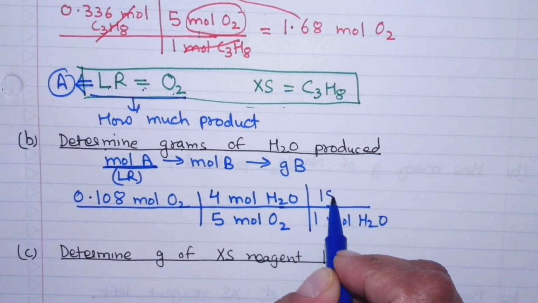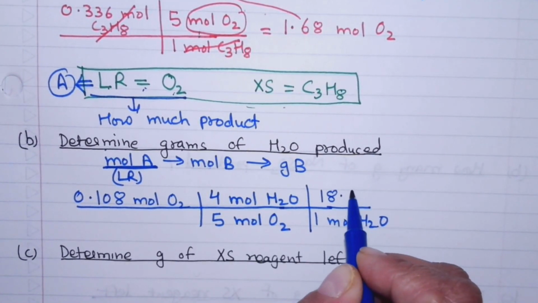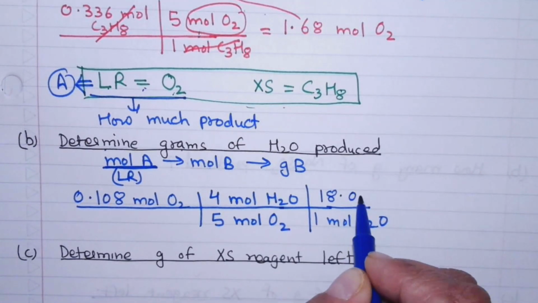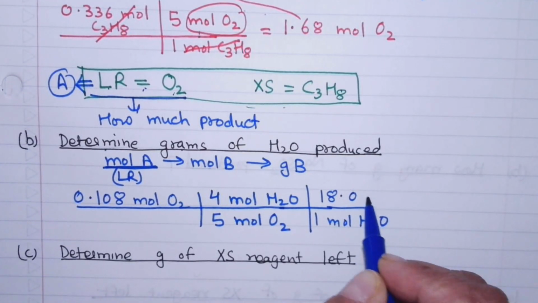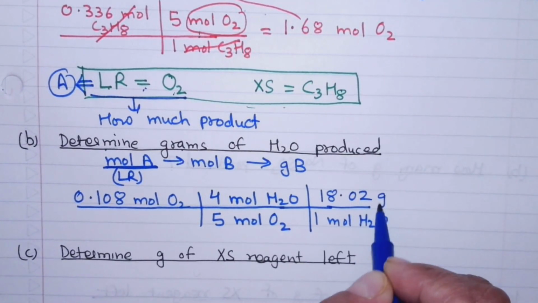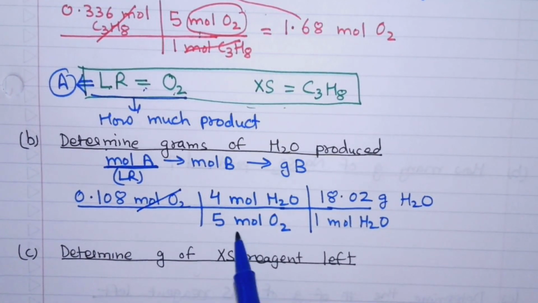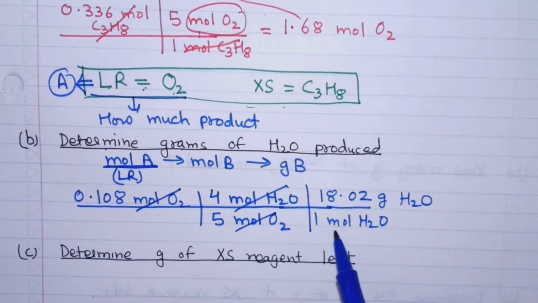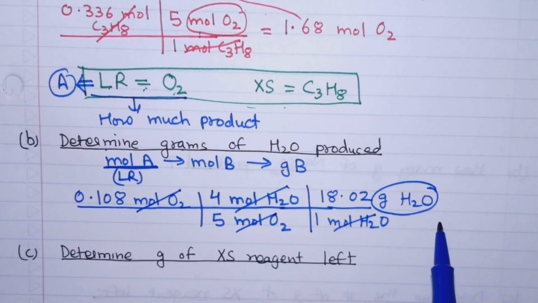The molar mass of water is 18.02 grams water, right? So you can see moles cancel with moles, moles of water with 1 mole of water, and you get grams of water, right?